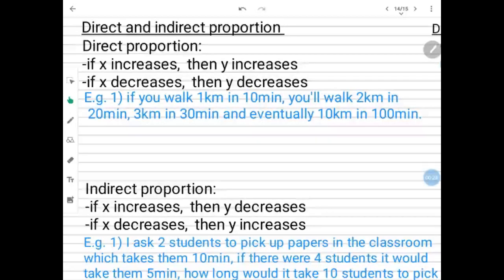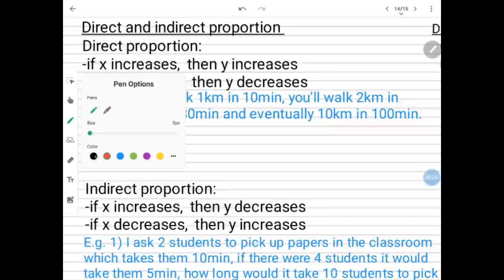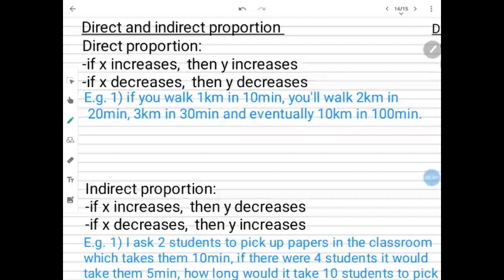If we have two values, let's call them x and y, then for direct proportion, if we divide the two, x divided by y, the answer will be a constant number.